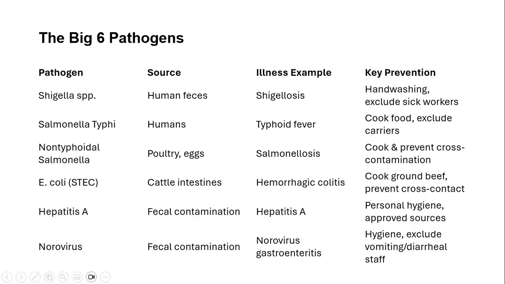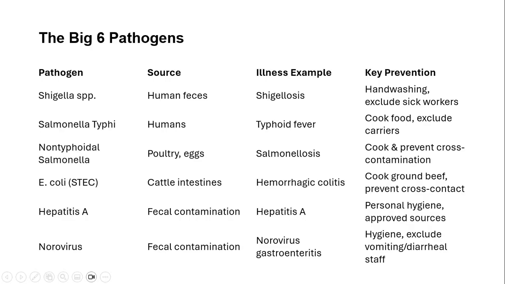It could also be that if there's some runoff from a farm that isn't properly controlled, that could contaminate the soil and contaminate those food items as well. So non-typhoidal salmonella, find it in poultry and eggs, causes salmonellosis, and if you're cooking correctly and preventing cross-contamination, then we avoid a lot of these occurrences happening.